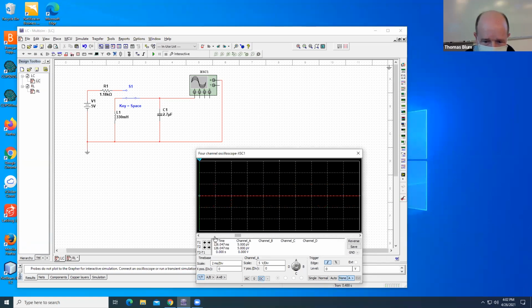So there's the oscillating part. Here is the flat part. That's before I hit the switch. There's the charging capacitor part that we know and love. And then here's the oscillating part that we will soon grow to love.